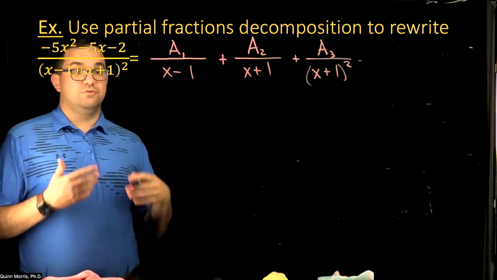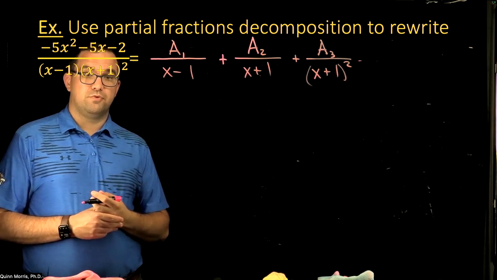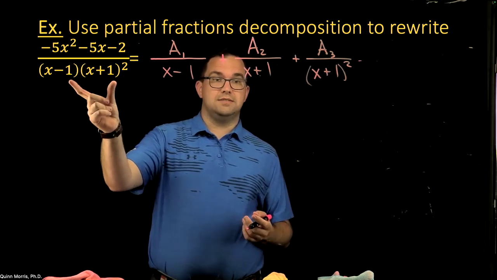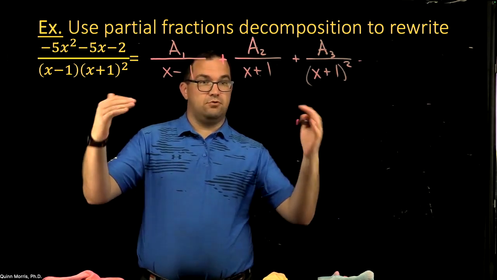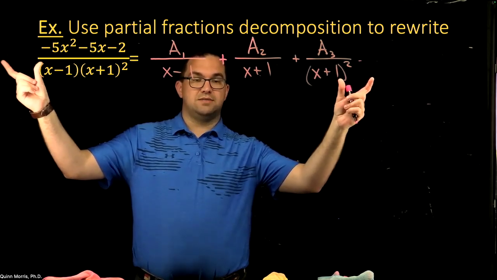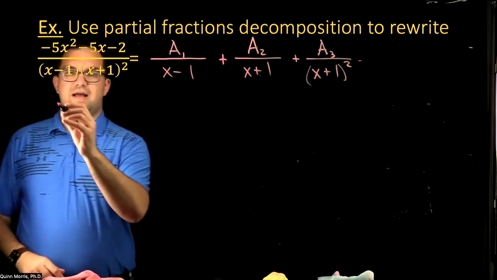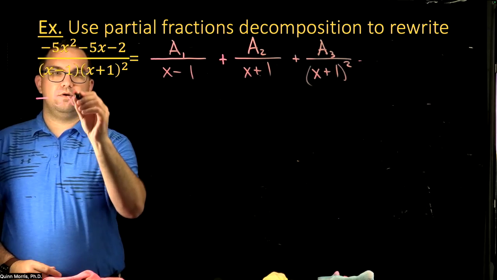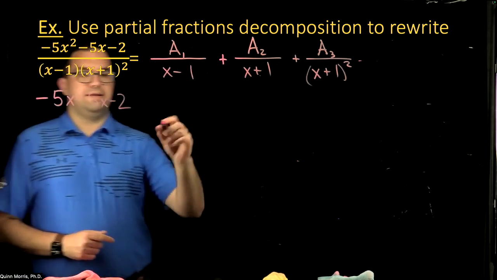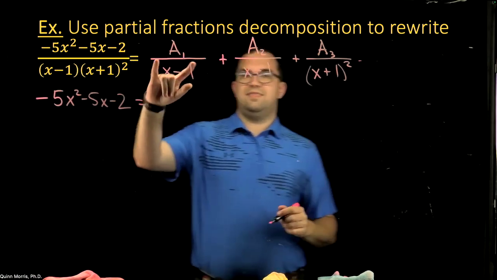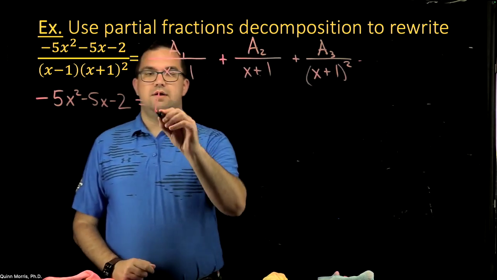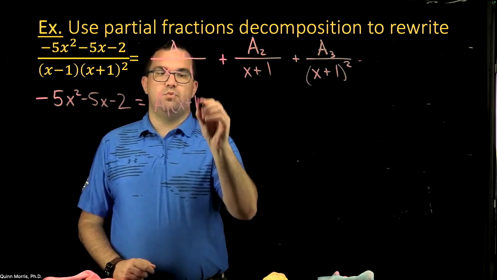Now, if I want to find the values of A1, A2, and A3 that work here, I need to do exactly what I've done before. I'm going to multiply by this entire denominator on both sides. I'm multiplying on both sides by x minus 1 times x plus 1 squared. On the left, that will leave me with the entire numerator. On the right, the x minus 1s are going to cancel, and I'll be left with a1 times x plus 1 squared.